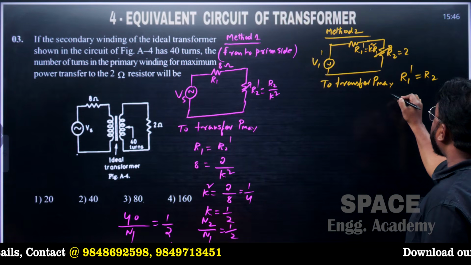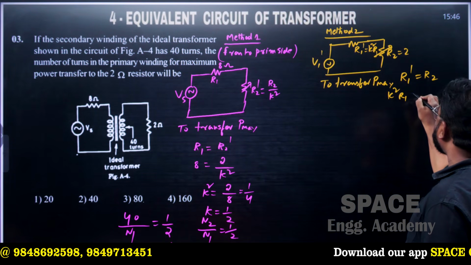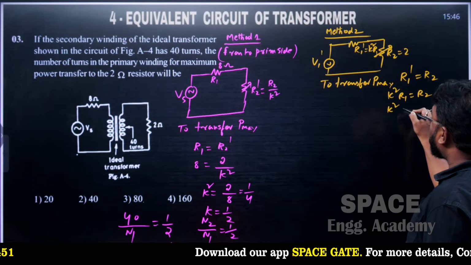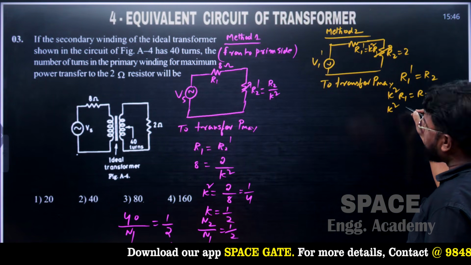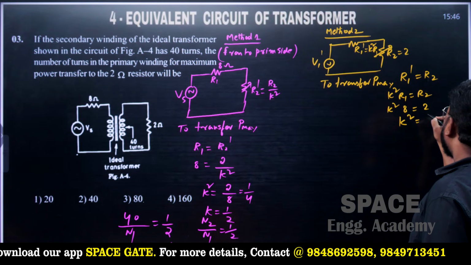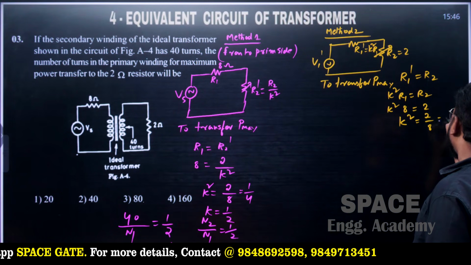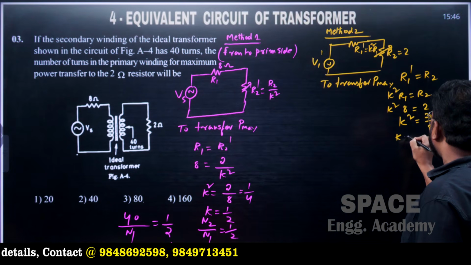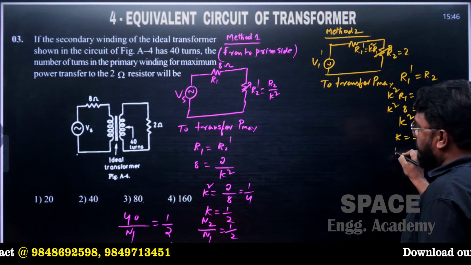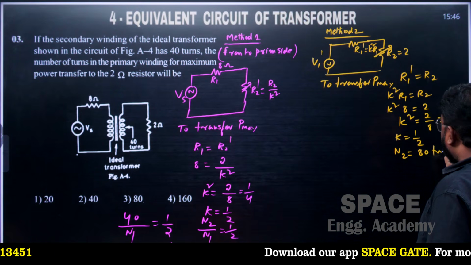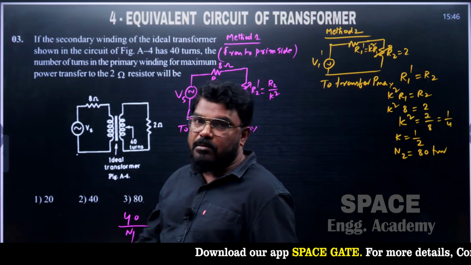Now K square times R1 is equal to R2, where R1 is 8 and R2 is 2. So K square is equal to 2 by 8, that is 1 by 4, and from here K is equal to 1 by 2, and the number of turns N1 will be 80 turns.